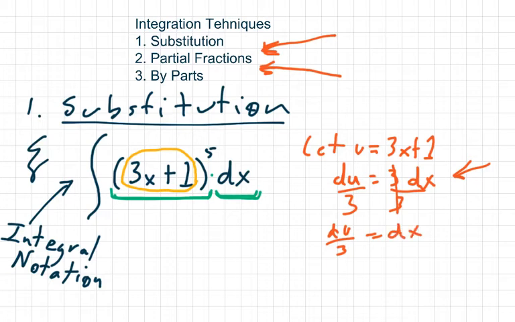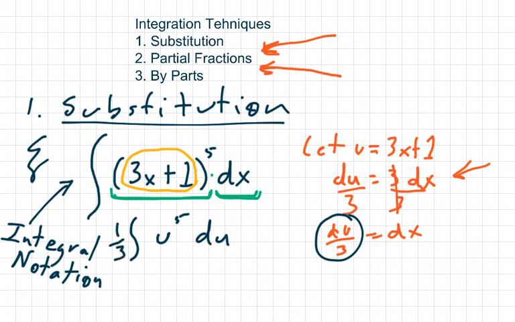So now I can go back and substitute all this stuff into place. So I'm going to come back over here. I'm going to say the integral of u to the 5, and our dx is equal to du over 3. I could put du over 3, but I'm going to factor that 1/3 out because it's a constant anyways. So I'm just going to put it out here.